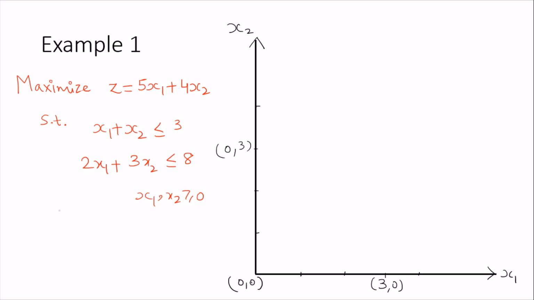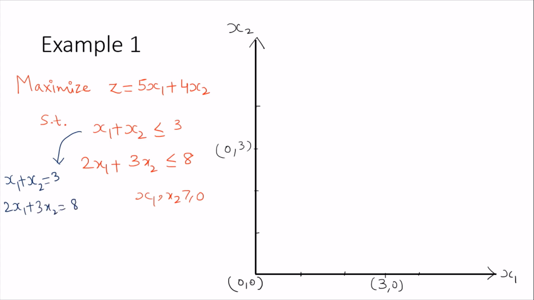If you look at these constraints, they are nothing but inequalities. First you treat these inequalities as equations. So the first line I am going to draw is this, and the second line is this.